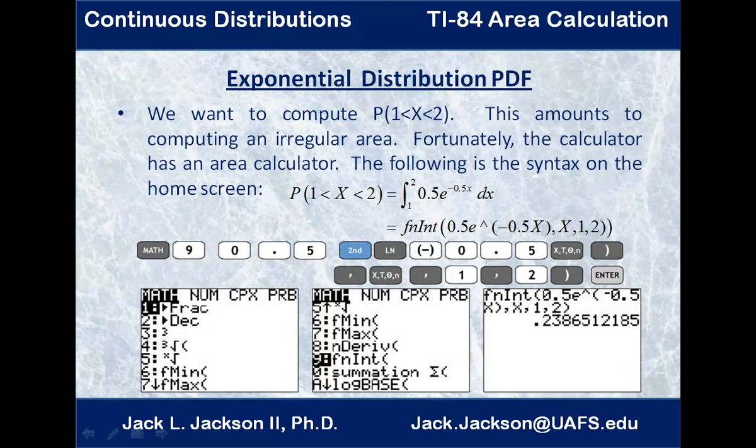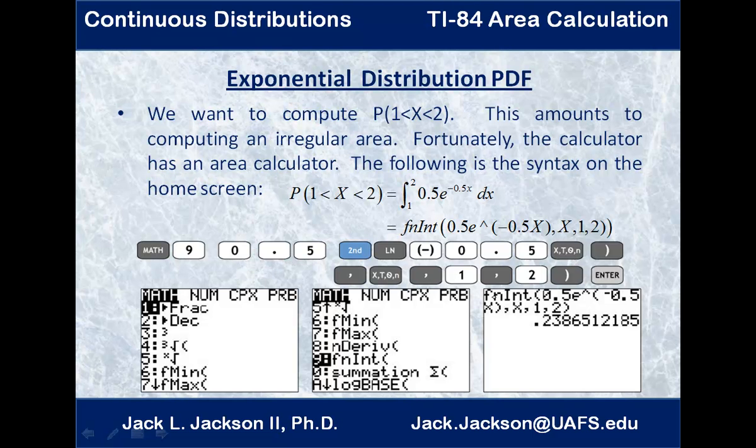So, here's basically how we push the buttons to get that to happen. Ultimately we're shooting for this last screen here. You start by pressing Math, then number 9, and it's down here on the list, Function Integrate. You can either down arrow to get to it and hit Enter, or if you know it's 9, just press Math 9.